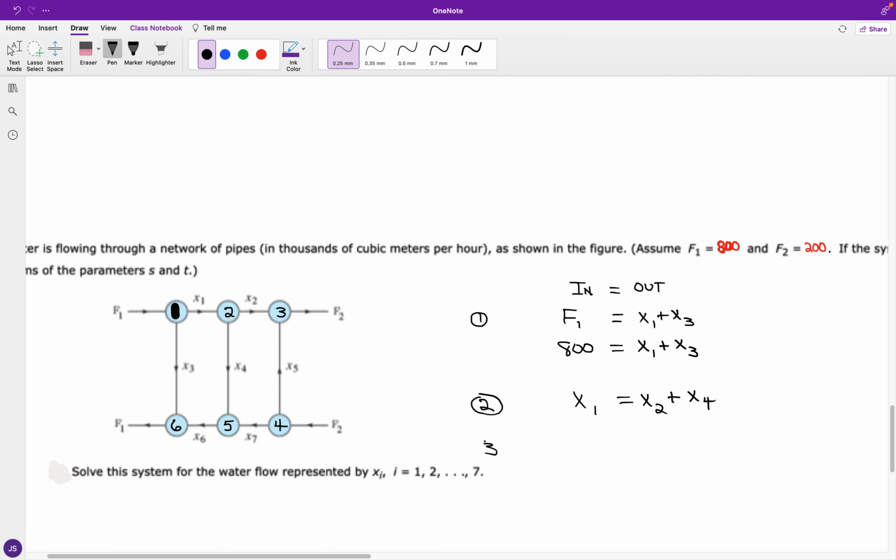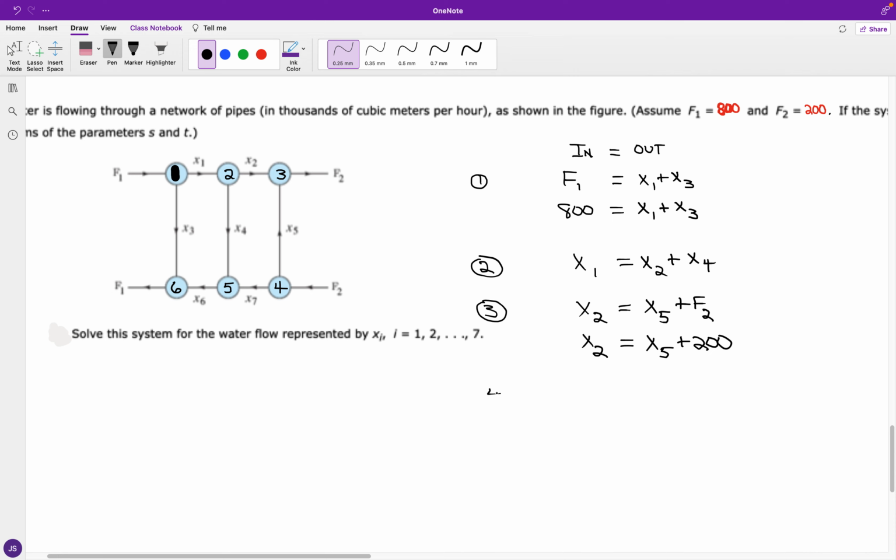And say in the case of the third juncture, you have x of 2 going in, and going out we have x of 5 plus f of 2, and again we have f of 2 equal to 200. So at the moment we can say we have x of 2 is equal to x of 5 plus 200.